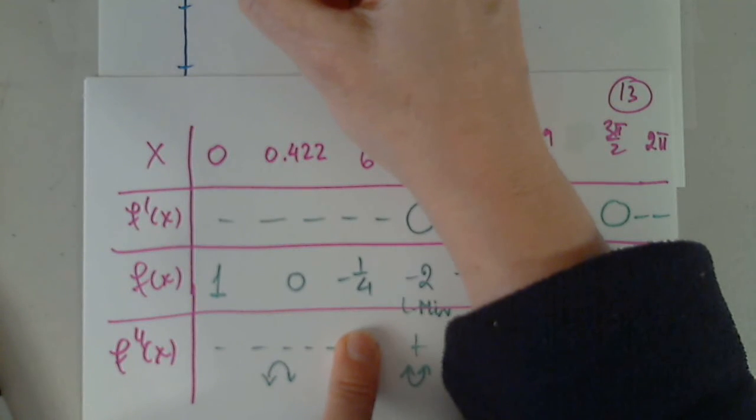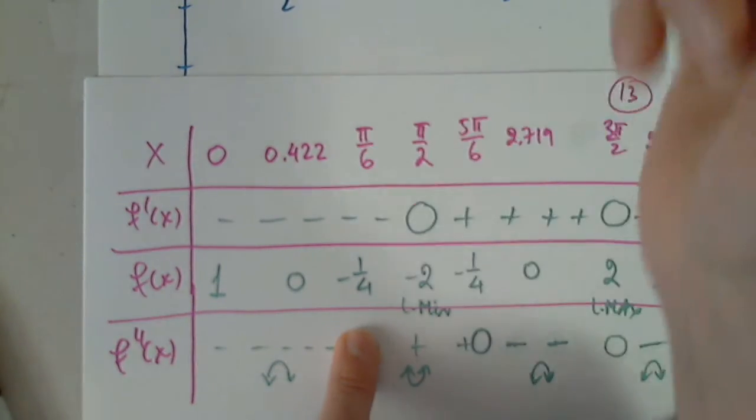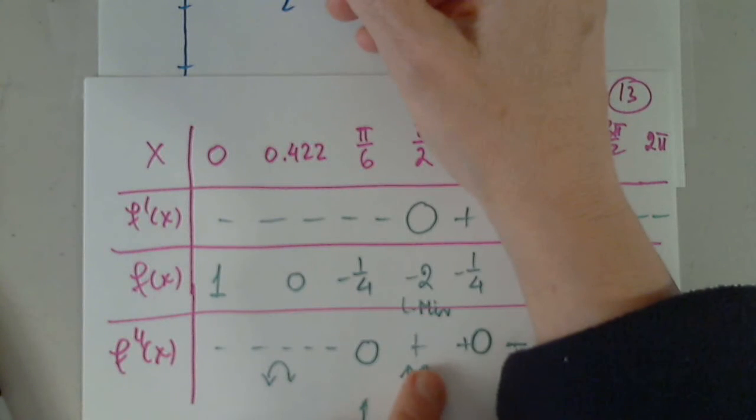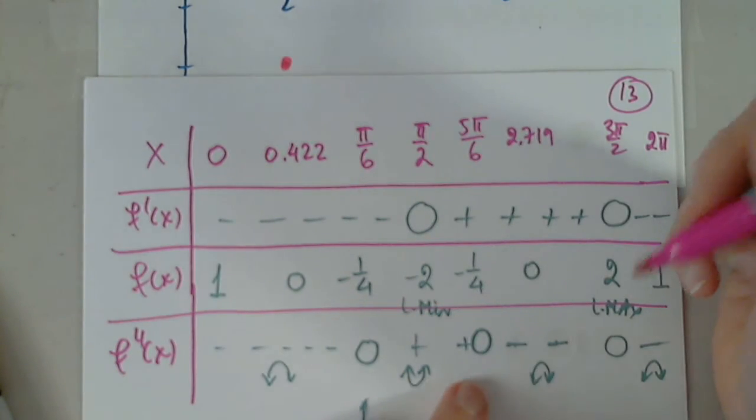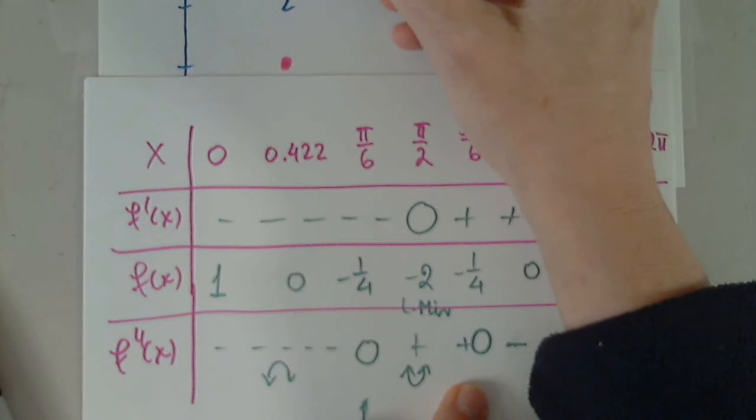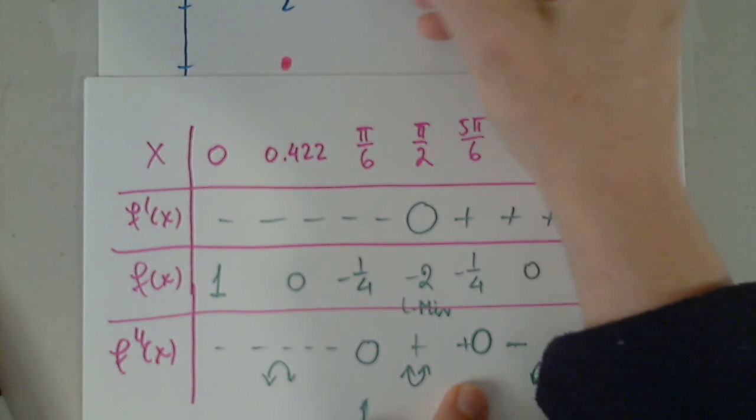Then at pi over 6, that's correct. It's negative 1/4, so it's this point. Then at pi over 2 is negative 2, so it's this point. At 5 pi over 6, which is here, it's negative 1/4.